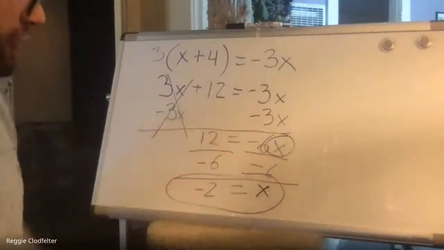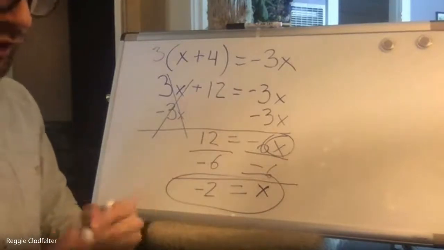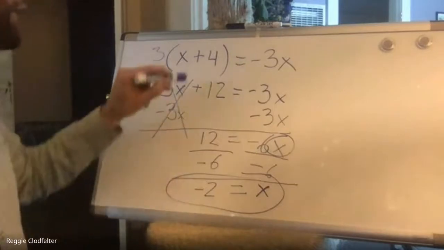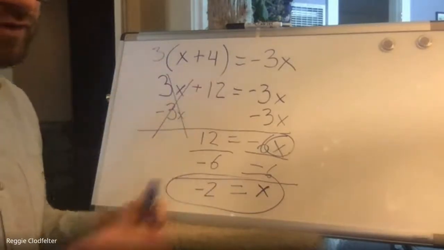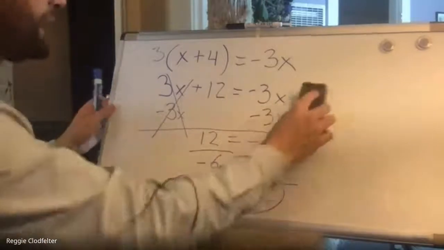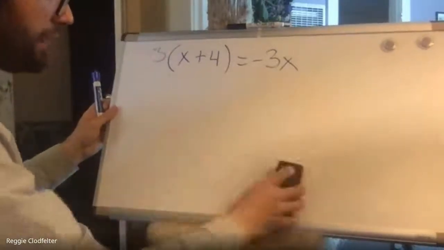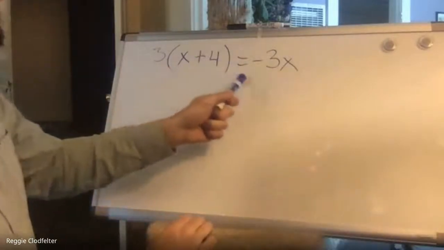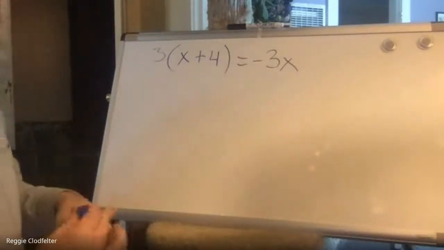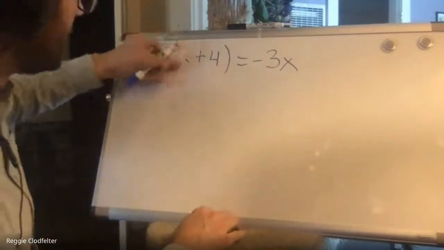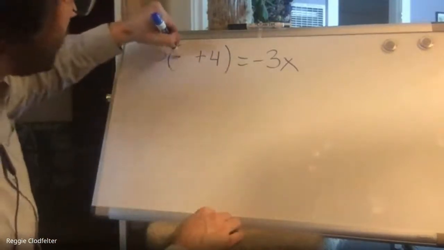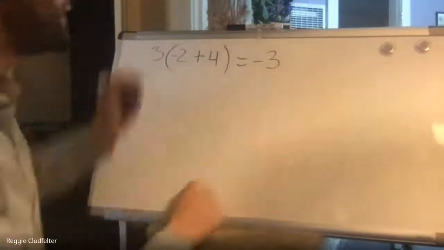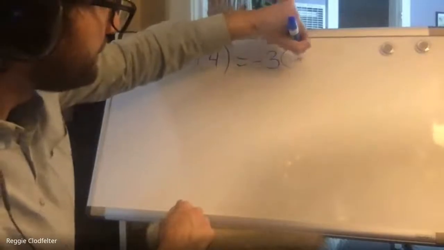That is my solution. Now, remember we mentioned earlier that you can plug your answer back into the original equation to check your work. So let me show you how to do that. We know that negative 2 equals x, and our original equation was 3 times x plus 4 equals negative 3x. So I'm going to put in negative 2 where x was. So we have 3 times negative 2 plus 4 equals negative 3 times negative 2.